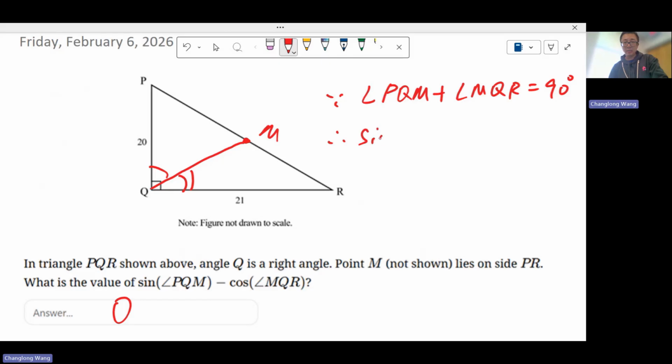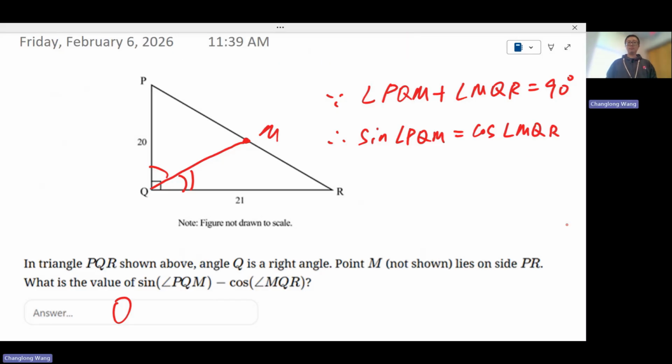Therefore, sine of angle PQM is equal to cosine of angle MQR. Therefore, you get 0, right? That's why I think that is such a good problem. Okay.